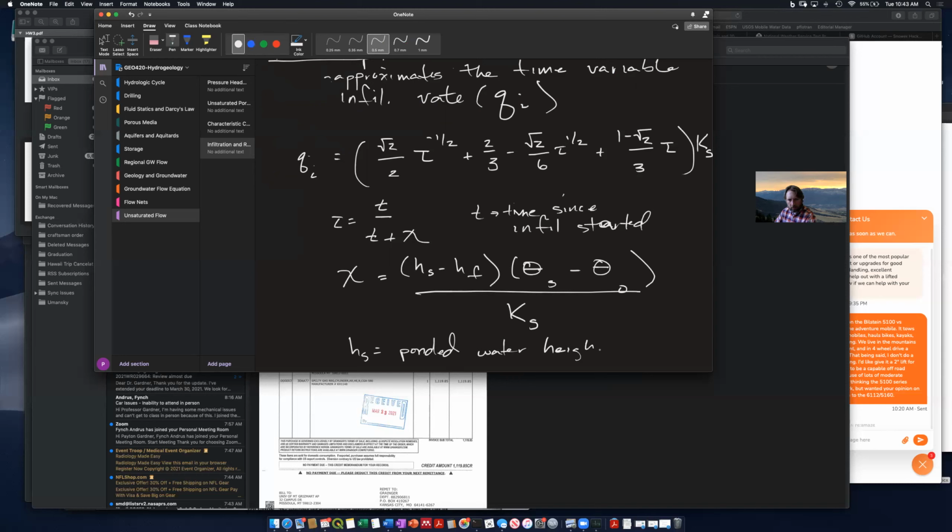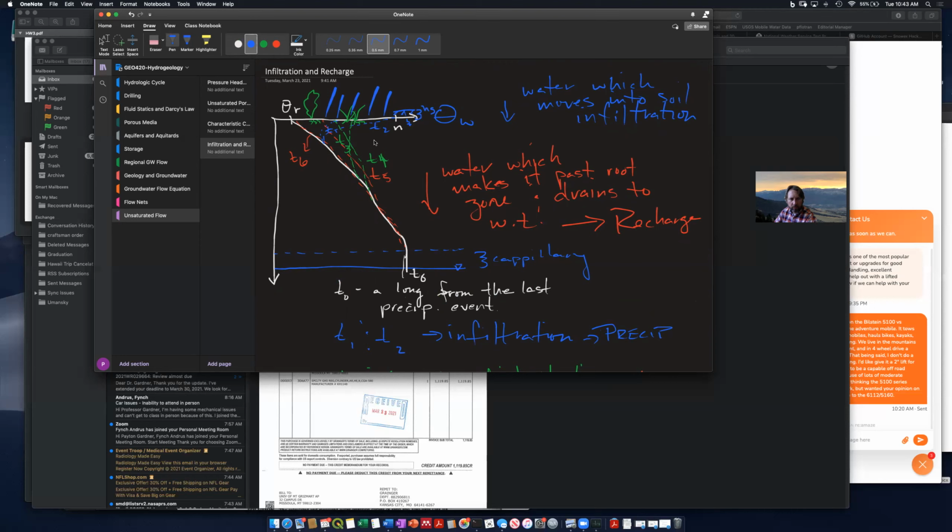That's driving the water to infiltrate down into our soil. H sub F is down here at the wetting front. We call this area the location of the unsaturated zone that is seeing increased moisture from the infiltration rate. That's the wetting front.